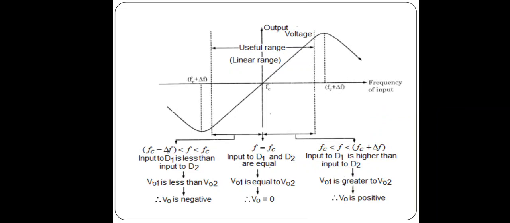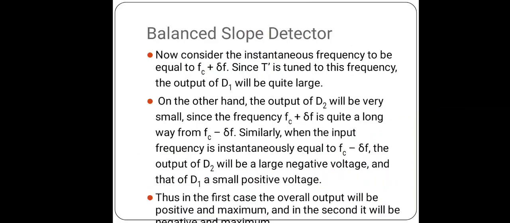So this is the slope. This is an S-type output waveform. When the frequency is higher, it produces positive output voltage, and when it is lower, it produces negative voltage.